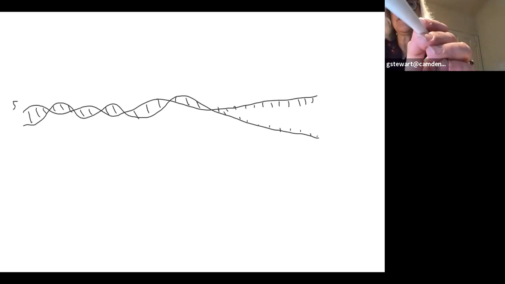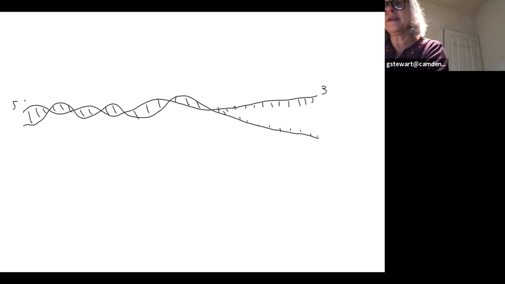And if this is the 5' to 3' strand, and this is the 3' to 5', helicase is here, gyrase upstream here, unwinding and unzipping, or any of those topoisomerases.